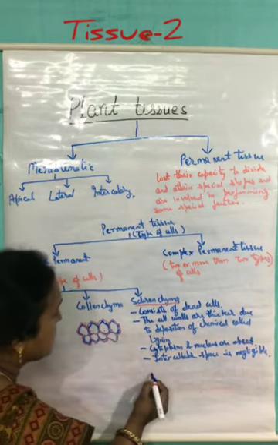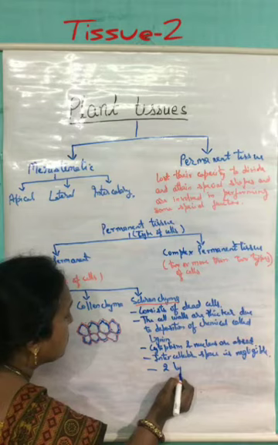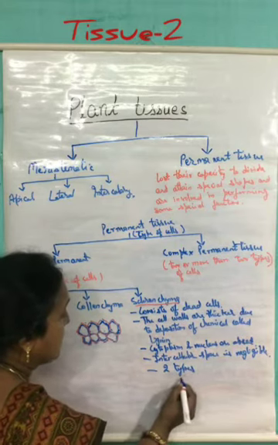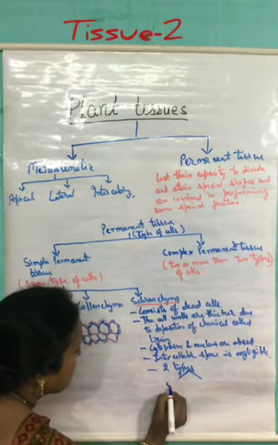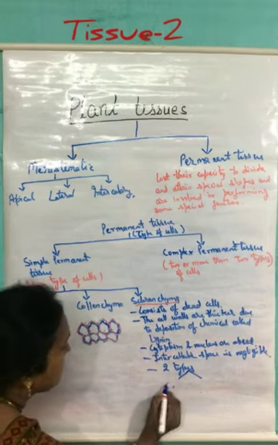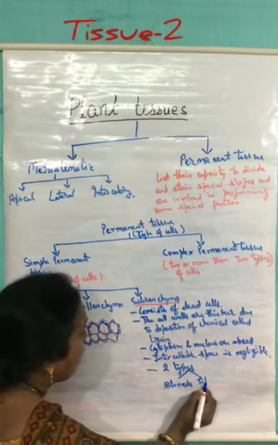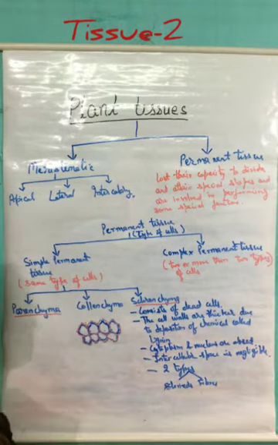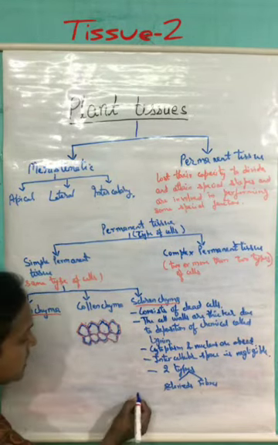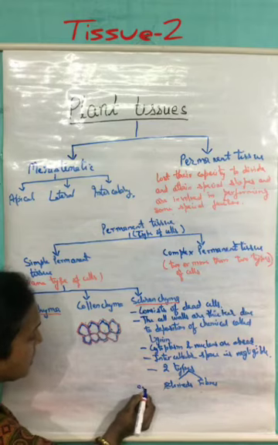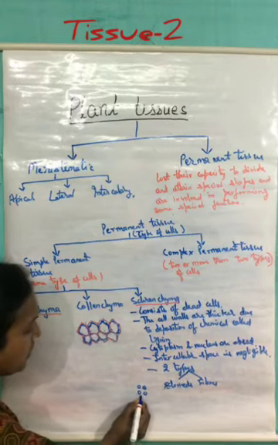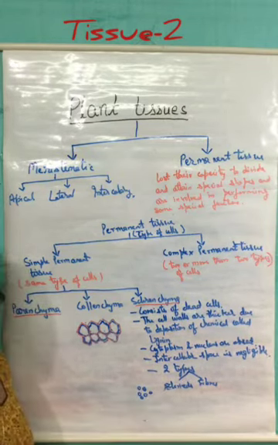They may be sclereids or fibers. Sclereids are those sclerenchymatous cells which are present in the form of spherical or hexagonal structures.